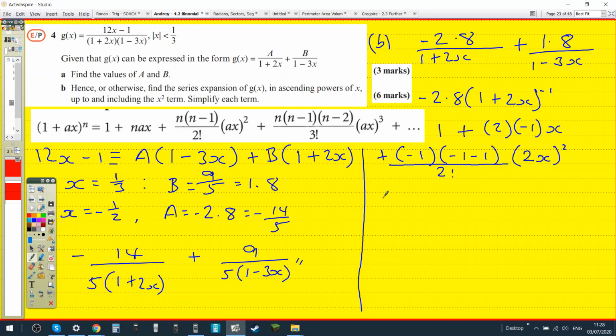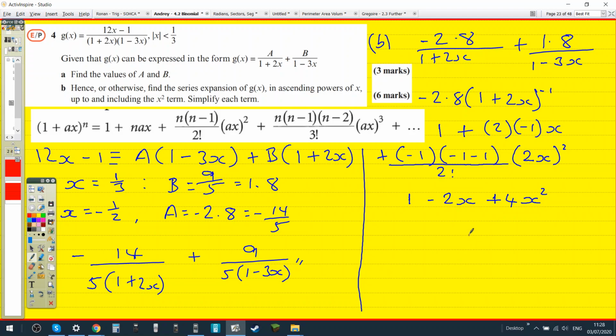And then I just need to work that out first of all. Yeah, you're right, up to x squared. So it's 1 and then minus 2x, and then plus 4x squared.